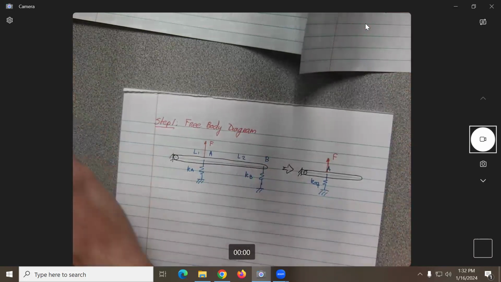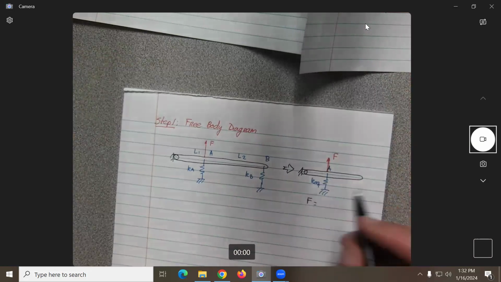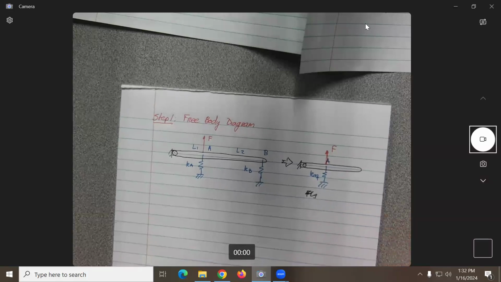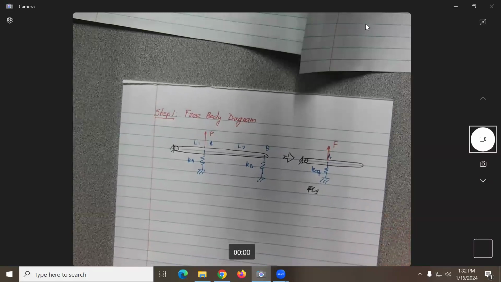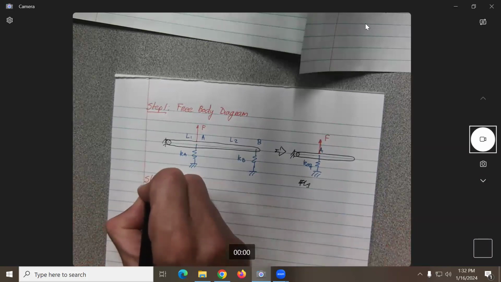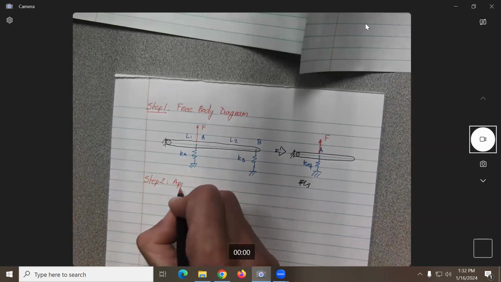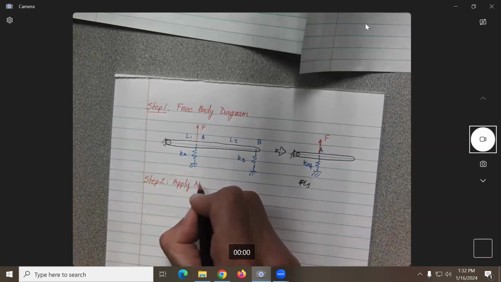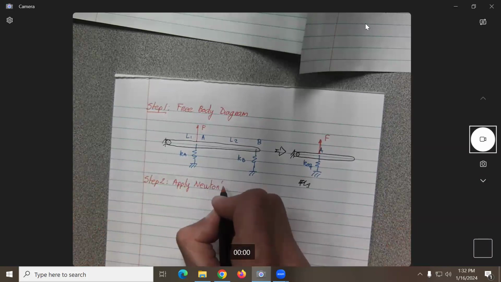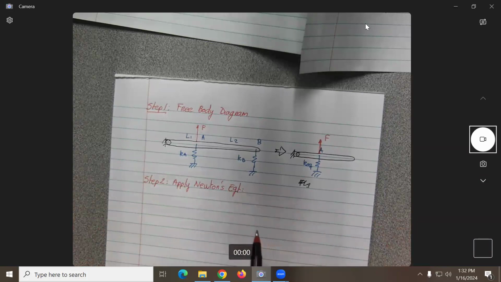So that really over here, what do we have? We have F should be equal to what? I mean, let's do step 2, okay? This is the hard spot, I think. Because once we have the correct figure, now what should be step 2? Apply Newton's equation.